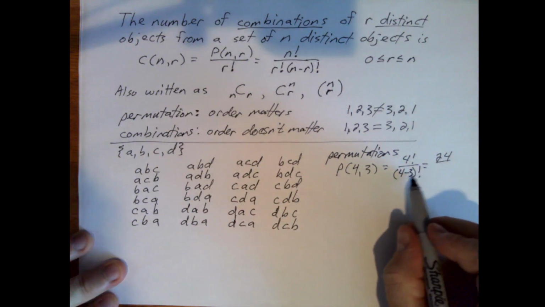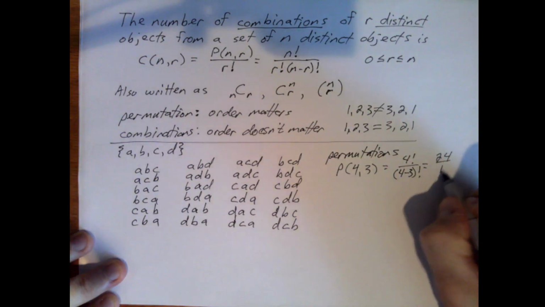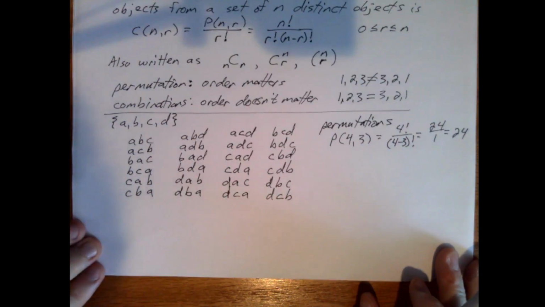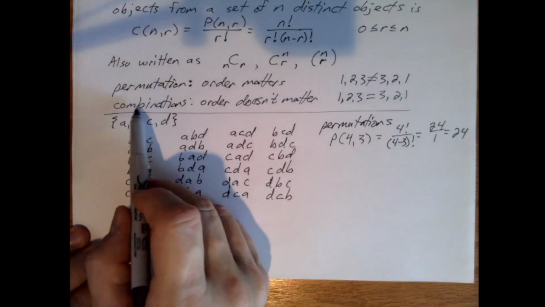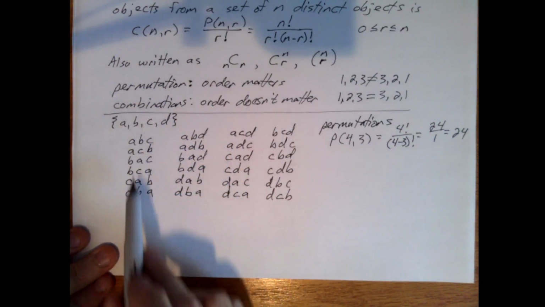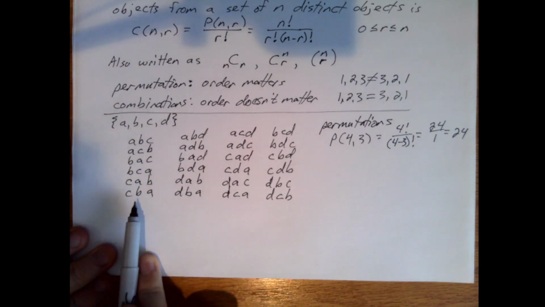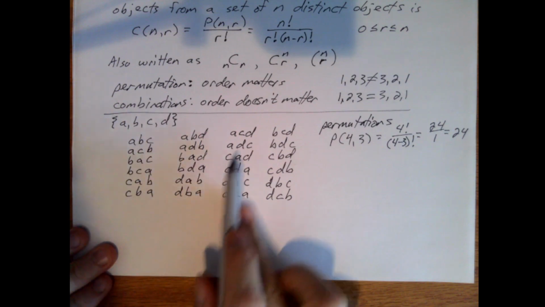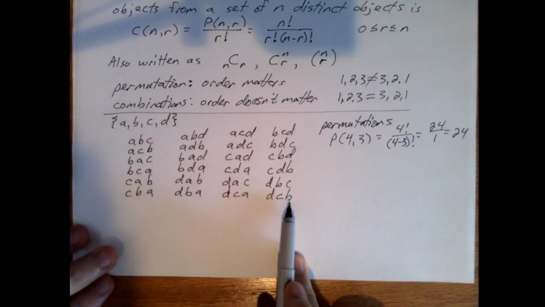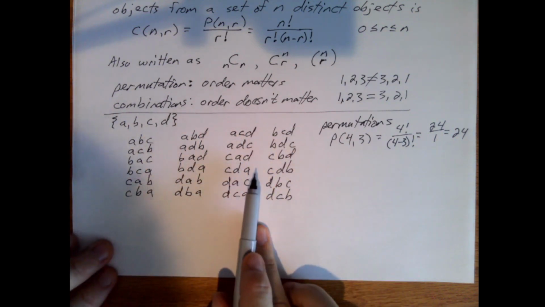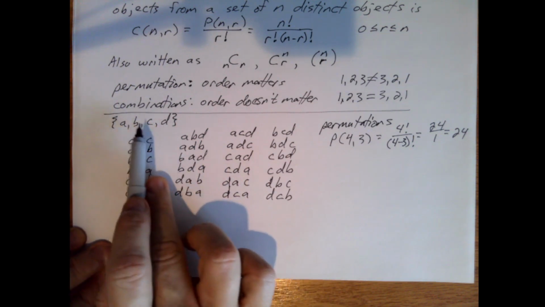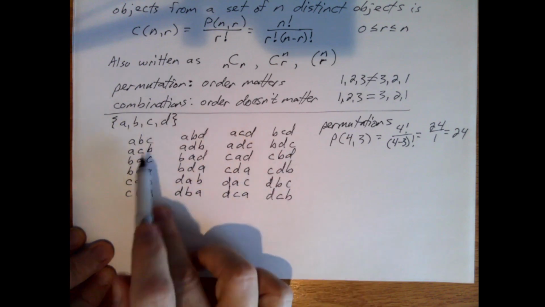This right here would end up being 1 factorial, which is just 1. And that gives me 24 different things. But we said that if we're talking about combinations, all 6 of the things in this column are the same. These 6 are the same, these 6 are the same, and these 6 are the same, which means I only have 4 combinations of the values in this set if they're chosen 3 at a time.